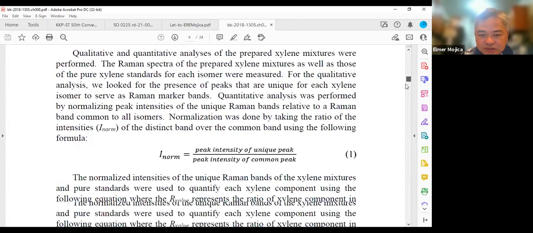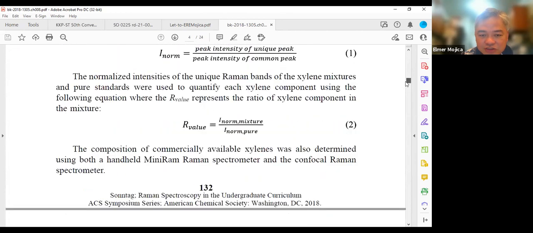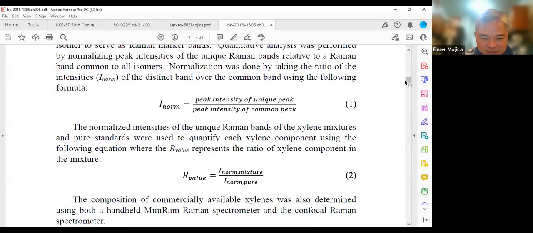So based on our analysis here, we try to look at the so-called unique peak, okay, and common peak. And what we do is we try to do some sort of a normalization, taking the ratio of this unique peak with the common peak, hoping that we can have the ratio of the intensity.